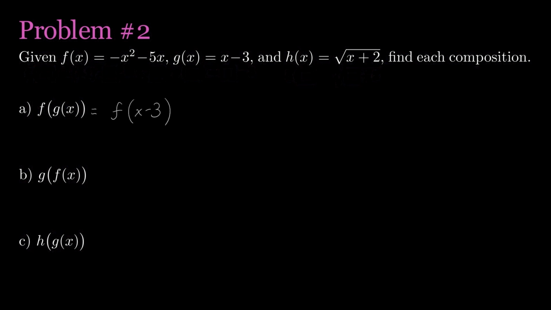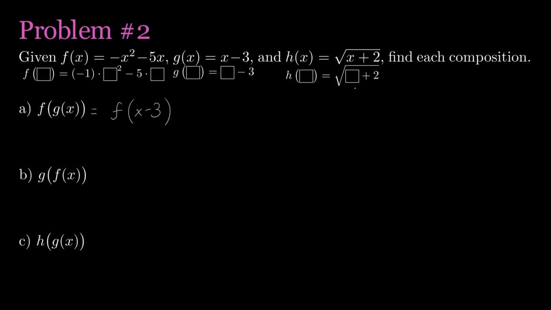Let's see what it is for the 3 functions here. What f does is it squares the input, then takes the opposite of it, taking away 5 times that input. G takes the input and subtracts 3 from it, very simple. While h first adds 2 to the input and then takes the square root of that.